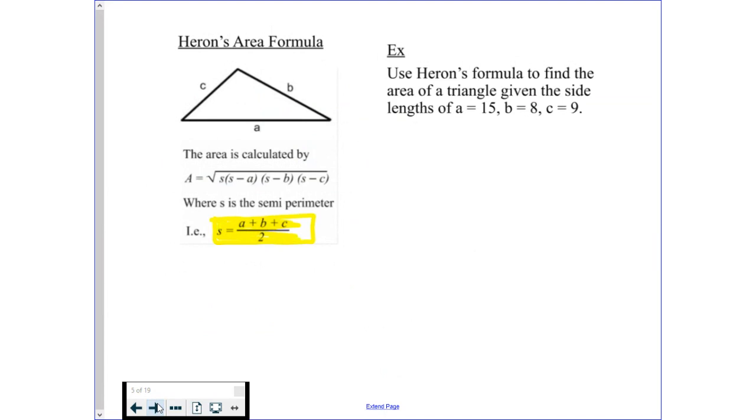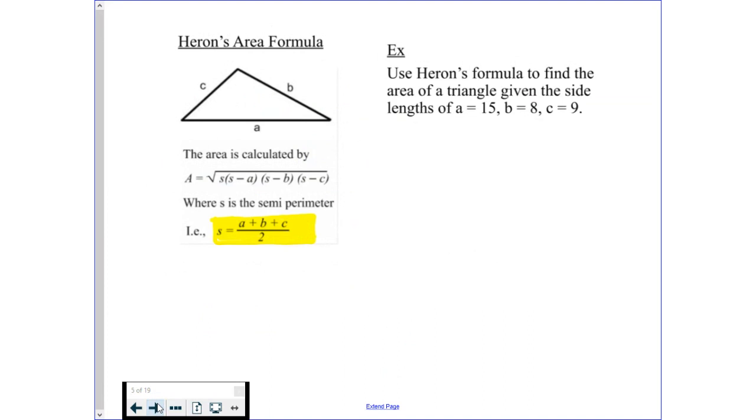Now this parameter is used to find the area of a triangle when you know all the three sides. The area equals the square root of S times S minus A times S minus B times S minus C. You multiply S by S minus one of the sides, then S minus the other side, times S minus the third side.